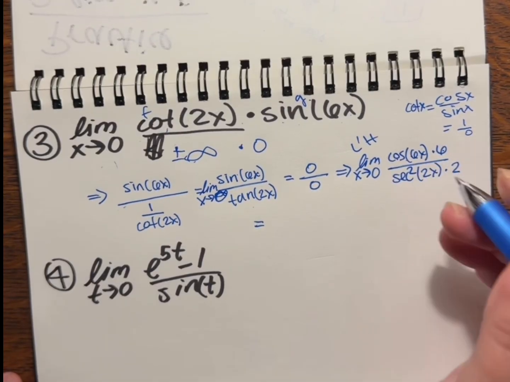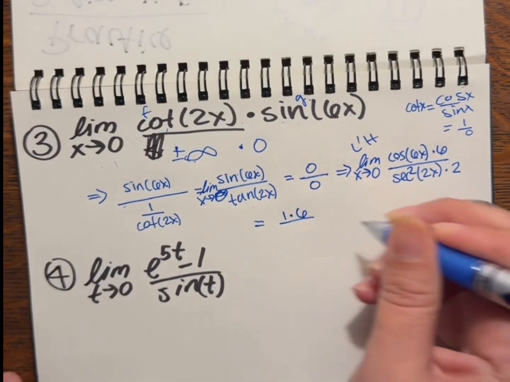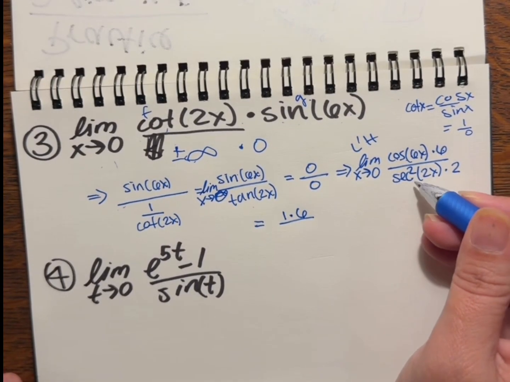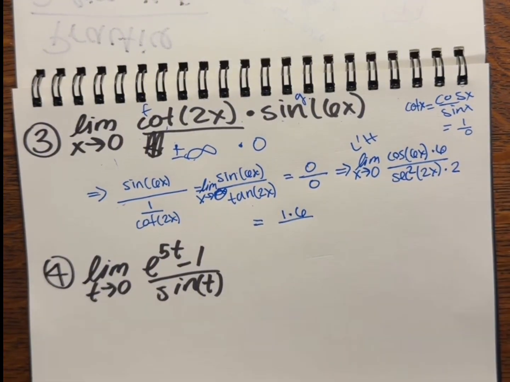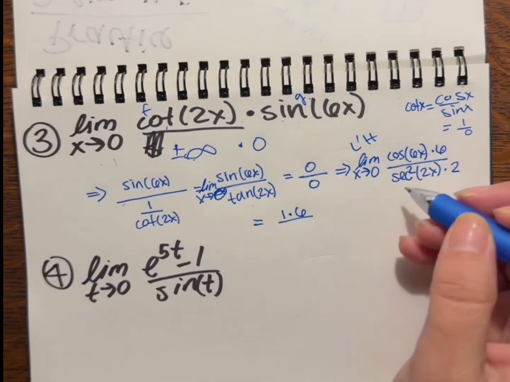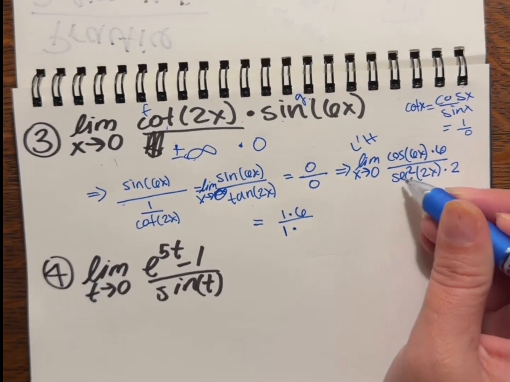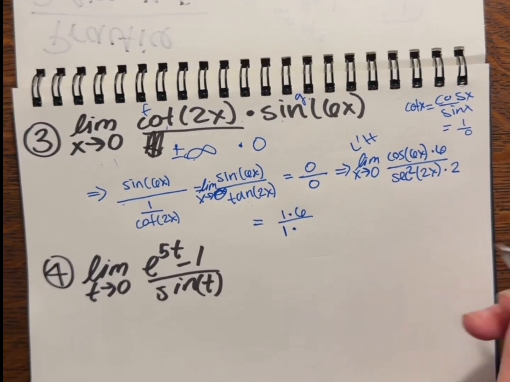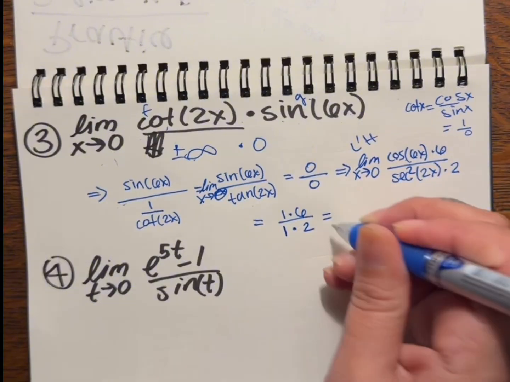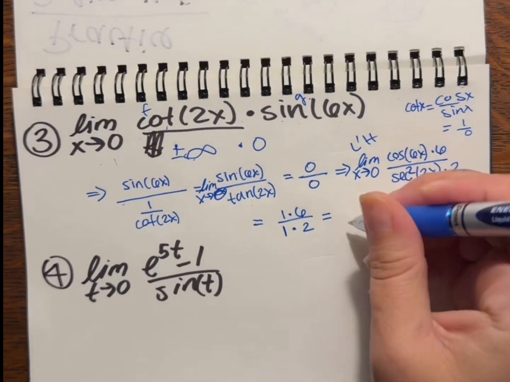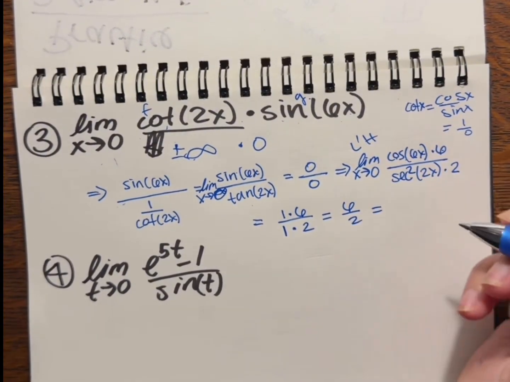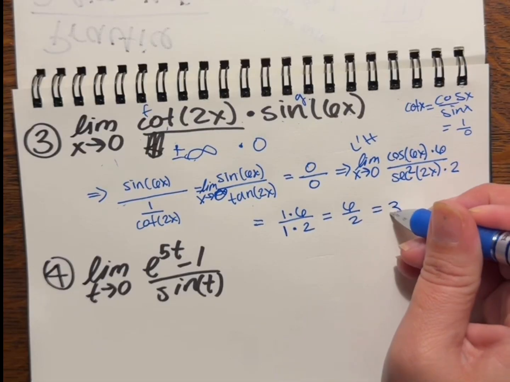Cosine of 0 is 1, so that's 1 times 6. Secant is just 1 over cosine, so that's 1 over 1, which is 1, right? Because cosine at 0 is 1, times 2. Okay, and now we just simplify, and then we get 6 divided by 2 is 3.